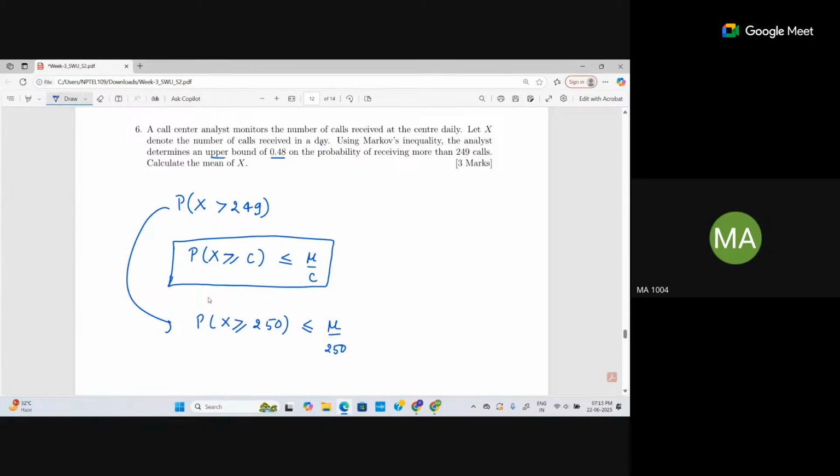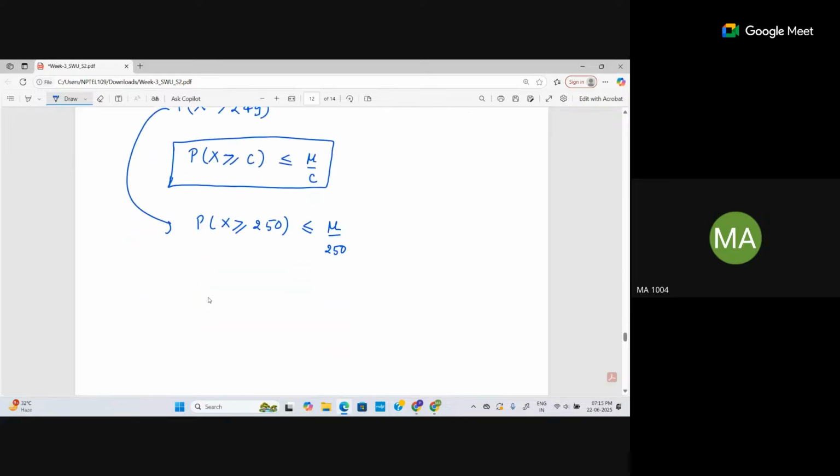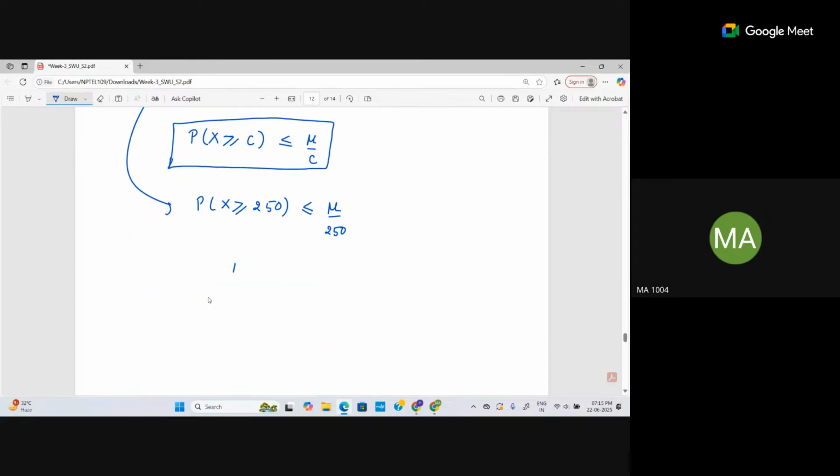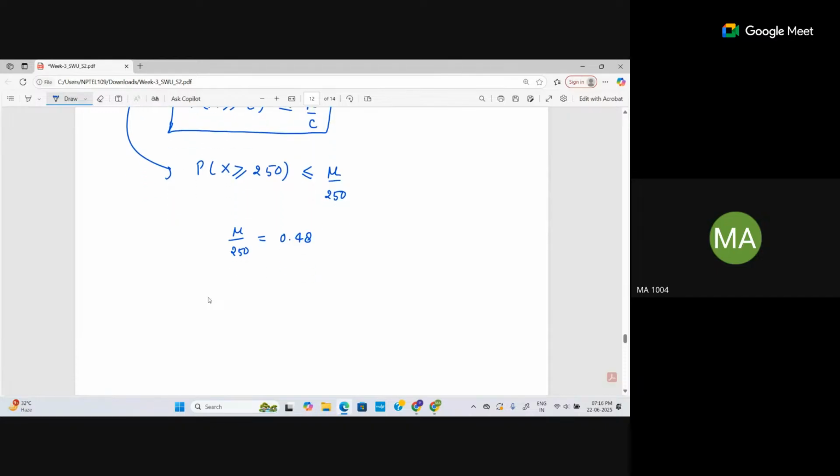The upper bound is given as 0.48, which means that mu by 250 should be equal to 0.48. Now from here we can calculate the value of mu. So it will be 250 into 0.48. So when you multiply, it will be 120.